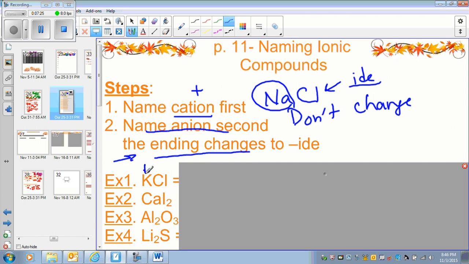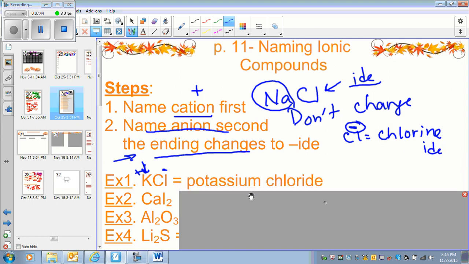So this is a cation, it's positive, this is negative. So this is K stands for potassium, and Cl stands for chlorine. So the negative, which is the chlorine, will turn into IDE, but the potassium will not change. So you will see that K is potassium and Cl is chlorine, so it will become chloride.